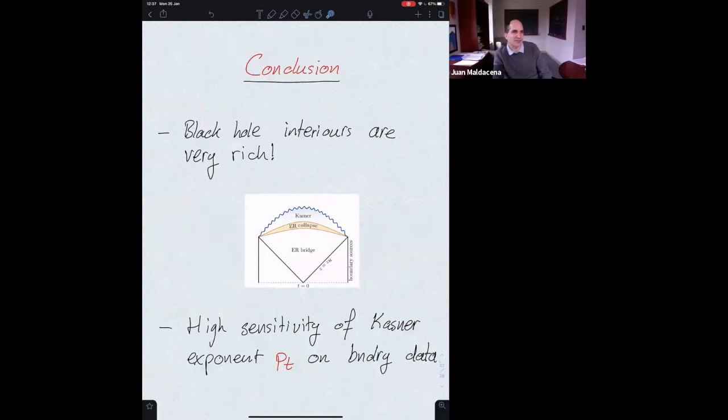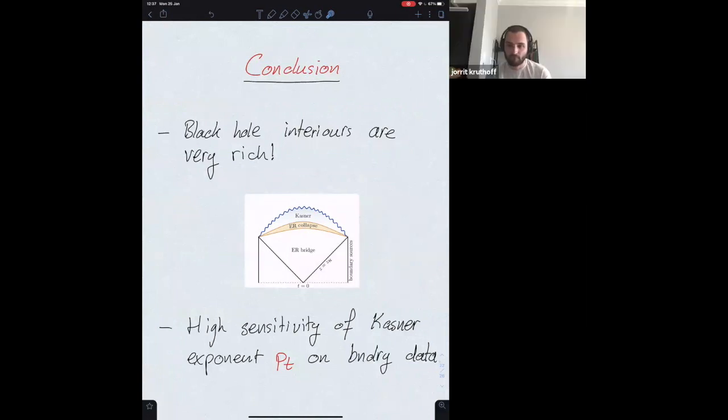Yes, people have discussed that generically we expect this so-called BFKL behavior near black hole singularities. This is a special case of that, where there are no spatial gradients.